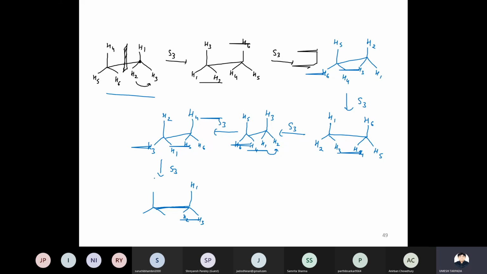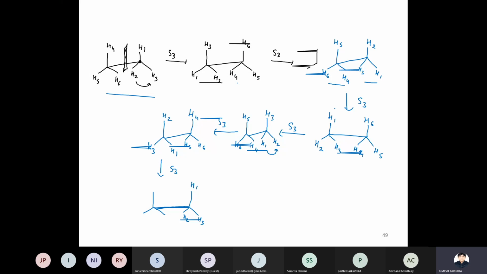One, two, three. H. What is the problem? Okay, so here it is H4. 4 goes to the position of 5 and is reflected here, so it is okay up to here.